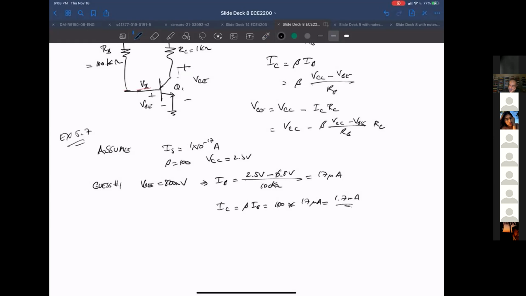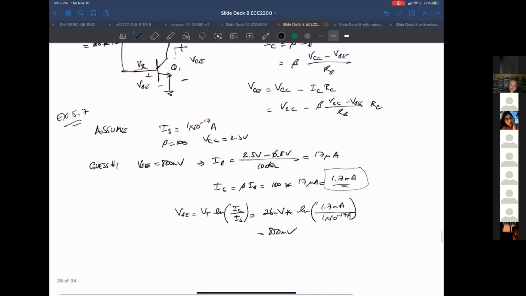Now we're going to see what VBE this gives us, in this iterative solution. VBE is VT natural log of I sub C over I sub S. So it's 26 millivolts times natural log of 1.7 milliamps over 1 times 10 to the minus 17 amps. So this is equal to 850 millivolts.